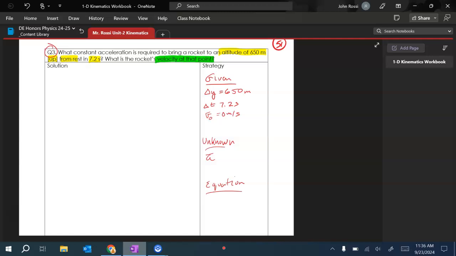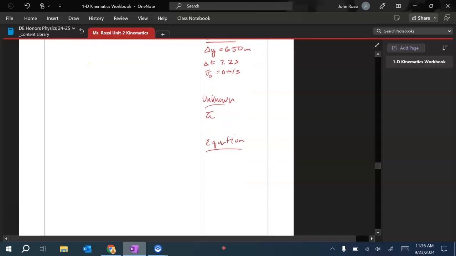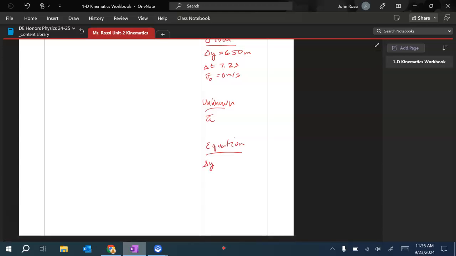And then let's look for final velocity. So something that contains displacement is the change in y is equal to the initial velocity times time plus 1/2 the acceleration times the time squared.